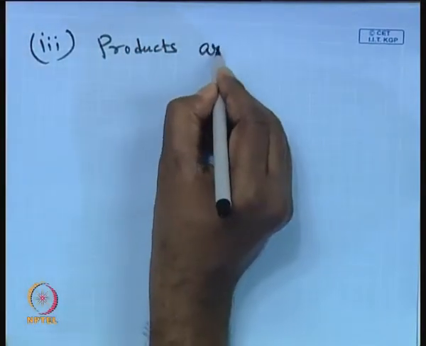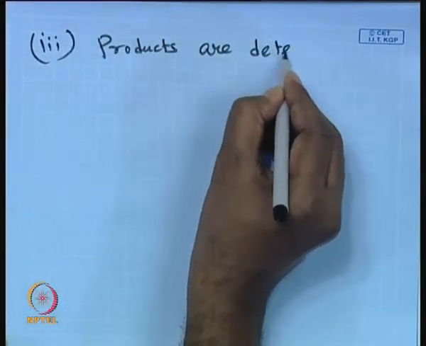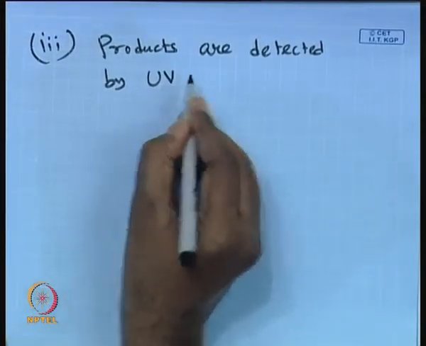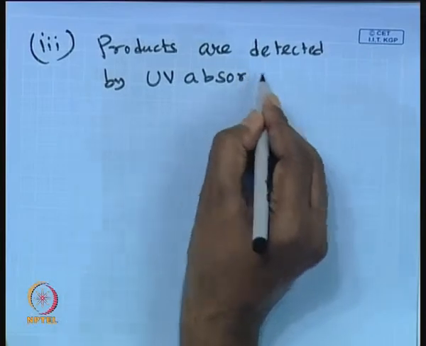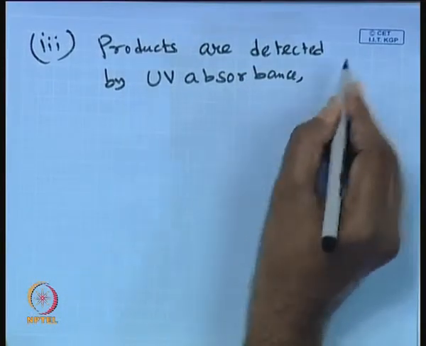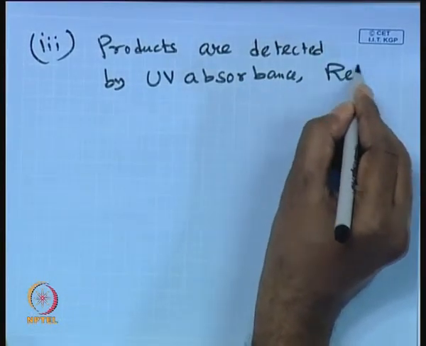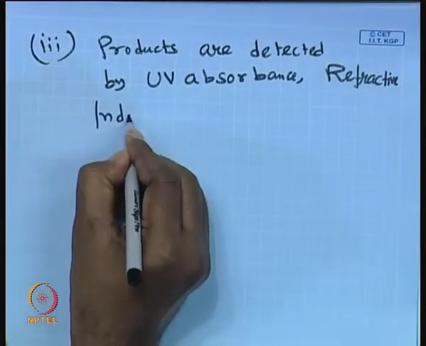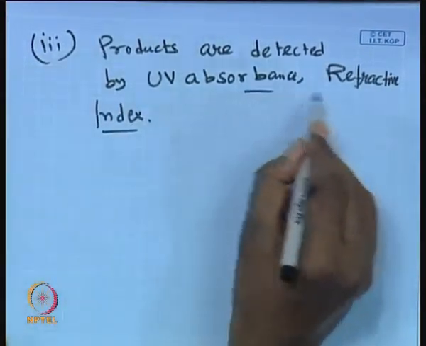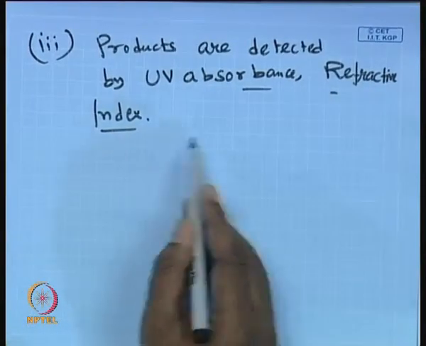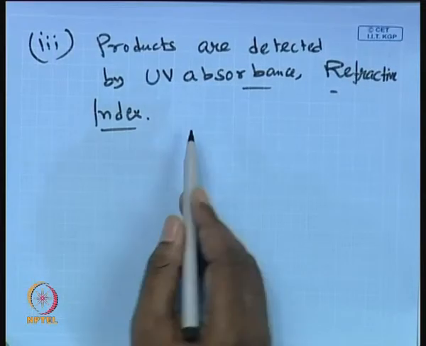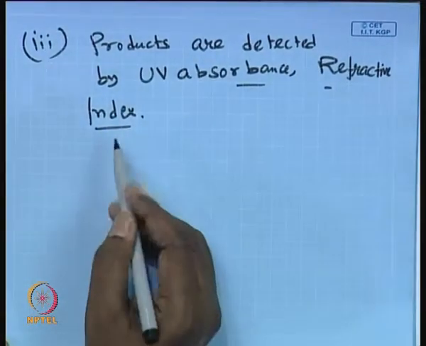The products are therefore detected by ultraviolet absorbance or refractive index. By using these, the products are detected and related to the concentration of various species, exactly like the chromatographic separation process.